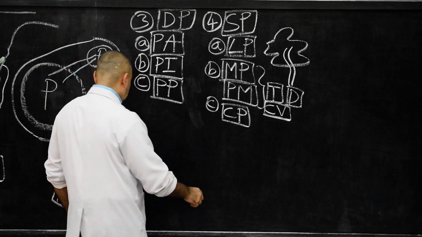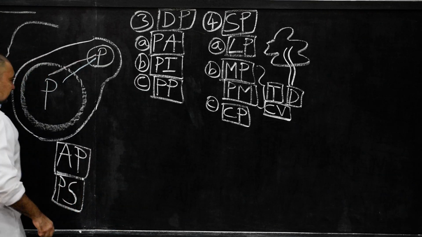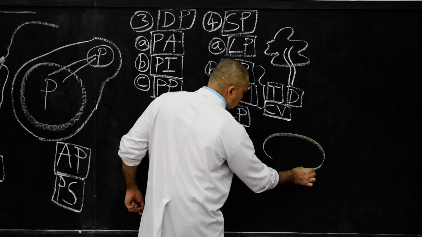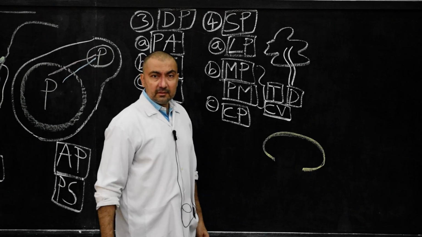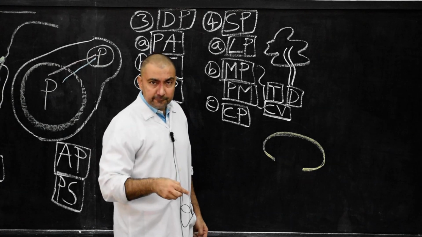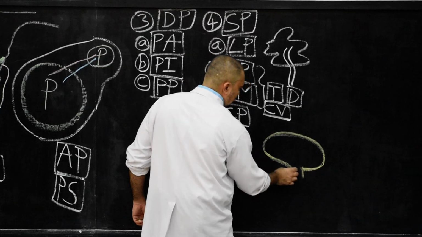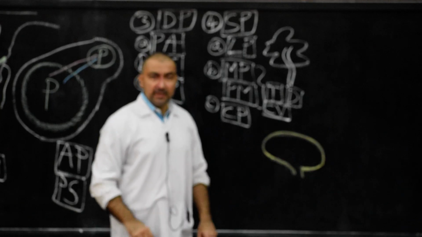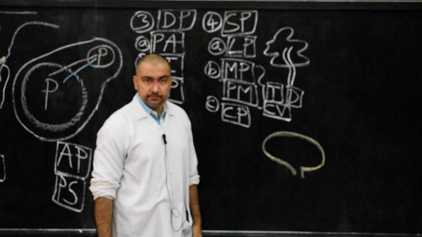Here, the entire placenta, I will show with this color, will be surrounded by a groove or a fissure which will be covered by decidua of maternal endometrium.